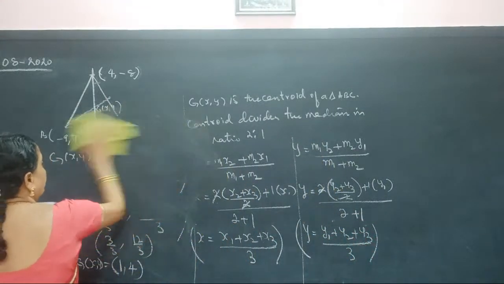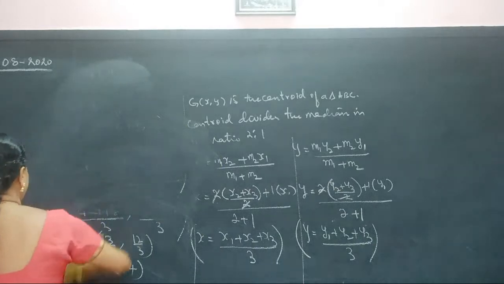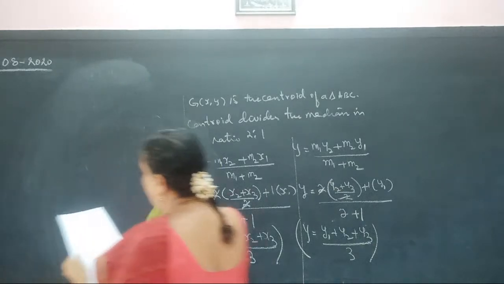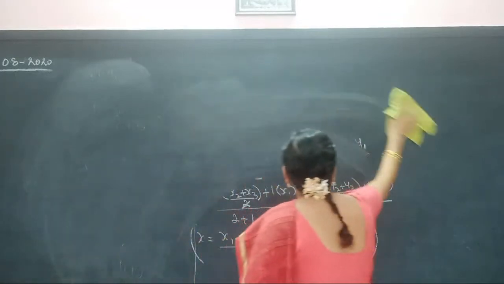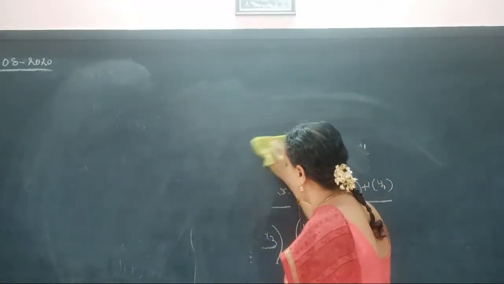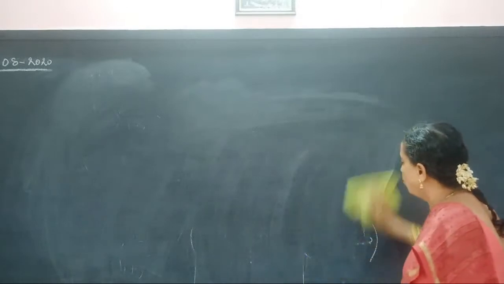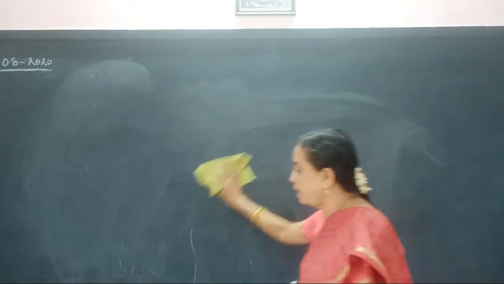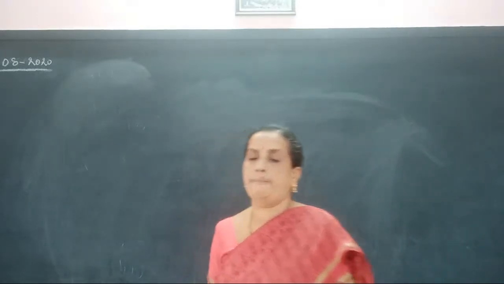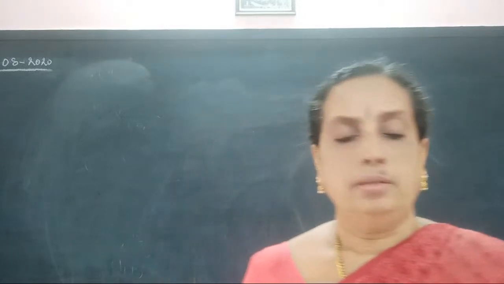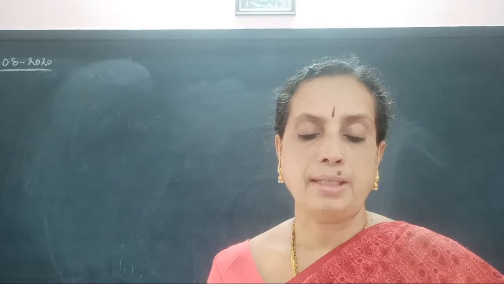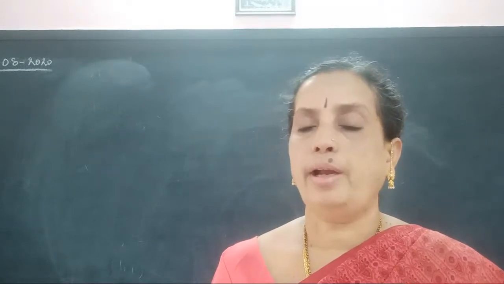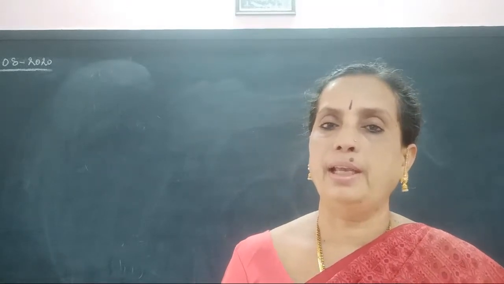Now here is the question. It is given: the ordinate of a point on the y-axis is 5. When the ordinate of a point on the y-axis is 5, what about the value of the x-coordinate? The ordinate of a point A on the y-axis is 5. How will you write the ordered pair of point A?